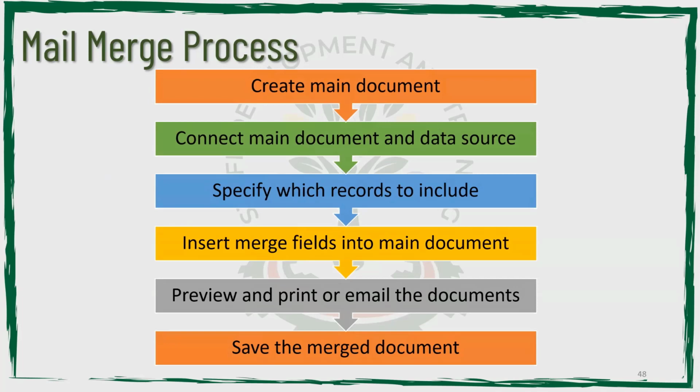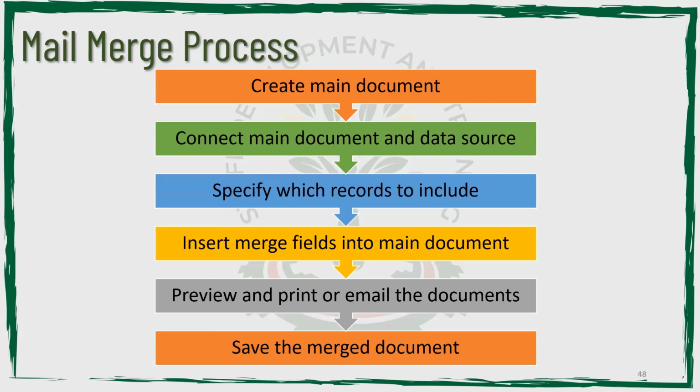If you feel inclined to filter or sort your data set before you initiate it, you can do that as part of your mail merge process. Insert your mail merge fields into your document. In this case, we're going to do the first name, space, last name. Then preview and print or email your documents one at a time.